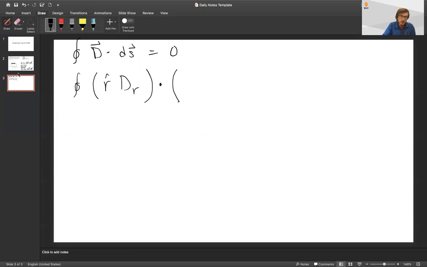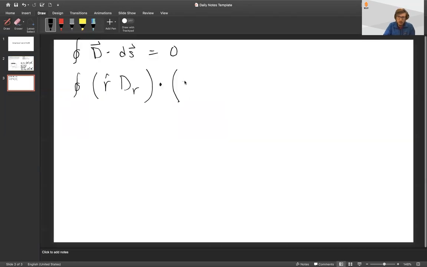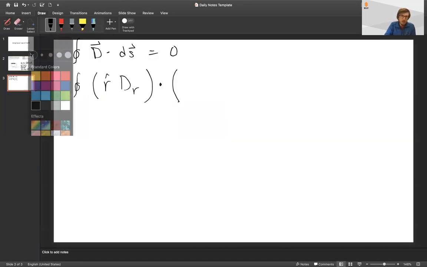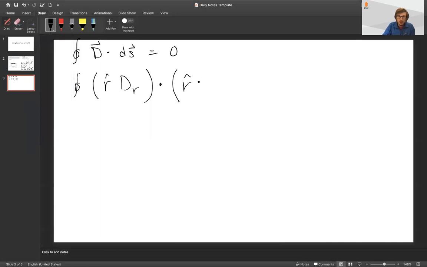Now, because of the Gaussian surface, the normal to the Gaussian surface, the direction in which we find the symmetry, is going to be r. So we're going to use this as our r, so r dz dphi, and that is equal to Q.